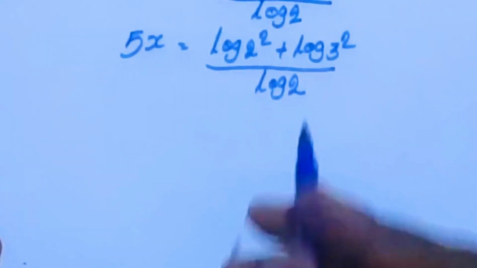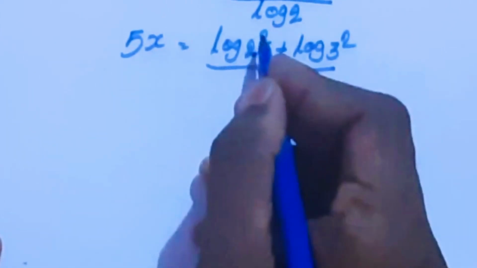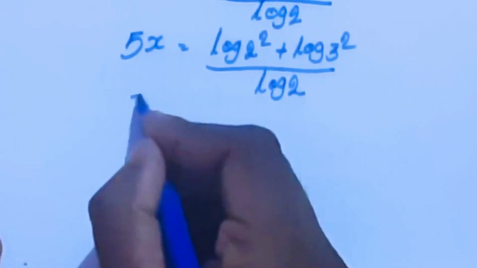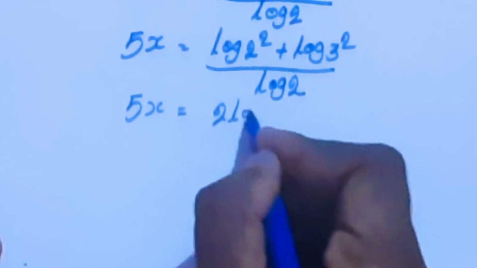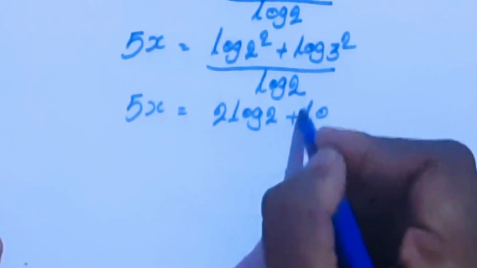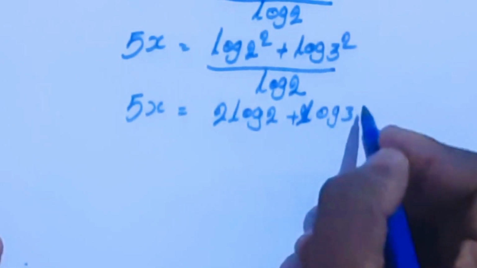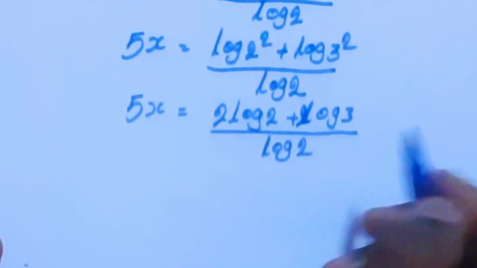Now we are going to apply the log power formula here that we previously applied. So this power comes here. So 5x equal to (2 log 2 plus 2 log 3) whole divided by log 2.